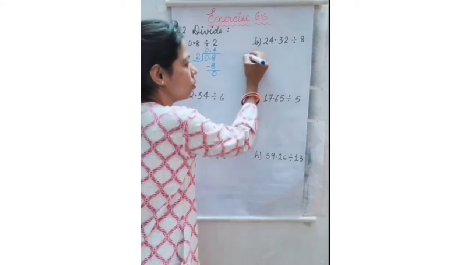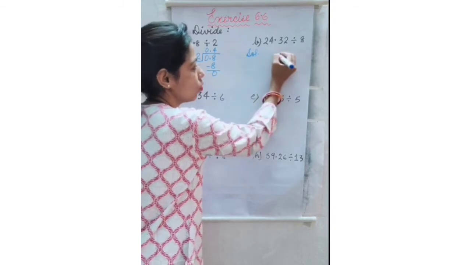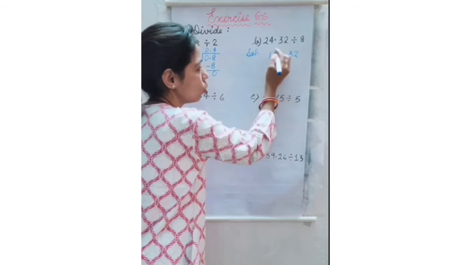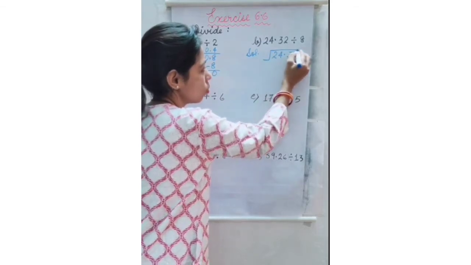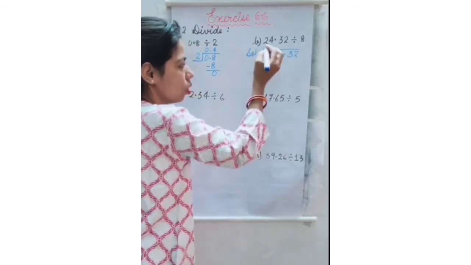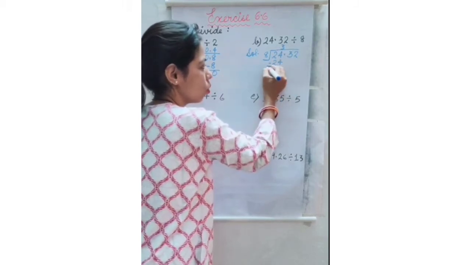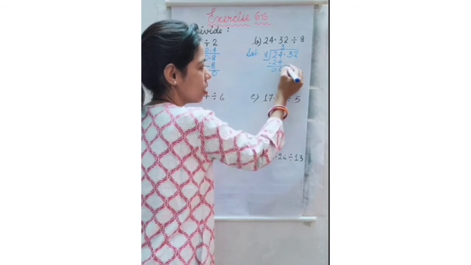Then second part, we have to divide 24.32 by 8. So 8 threes are 24. When we will subtract, we will get 0.